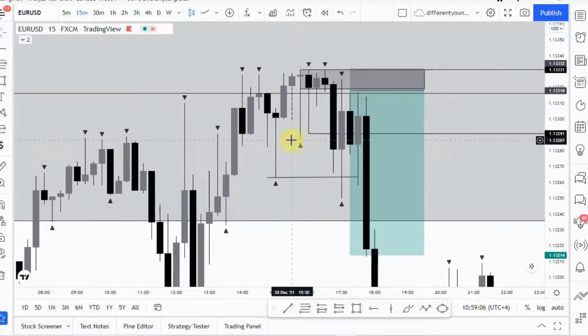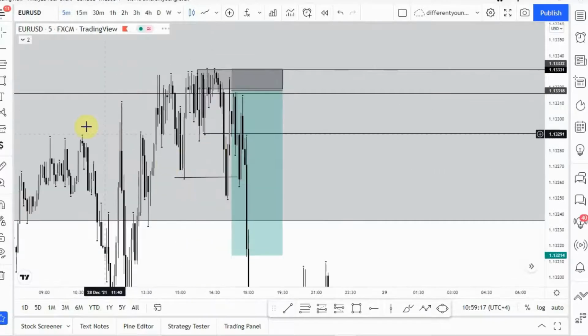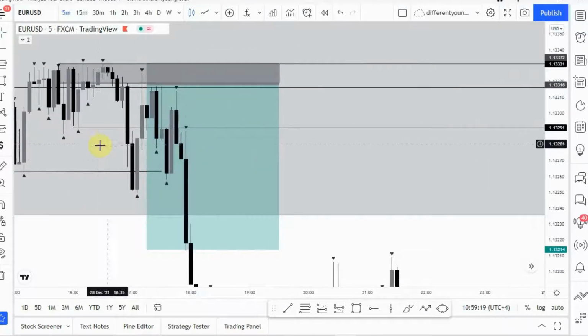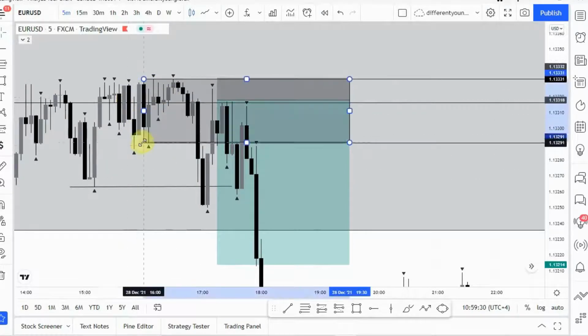Because when this happened, there is a difference between different brokers, and you have missed the trade due to that reason, then you can go to the 5-minute and use that 5-minute QM, which is the 5-minute range, bullish range or bearish range, depending on the situation. So this was a bullish range, and we could use this whole range from this or from the body.